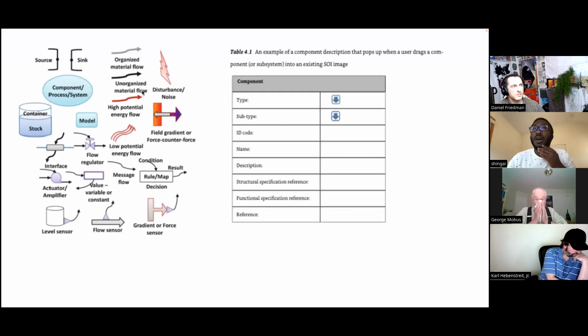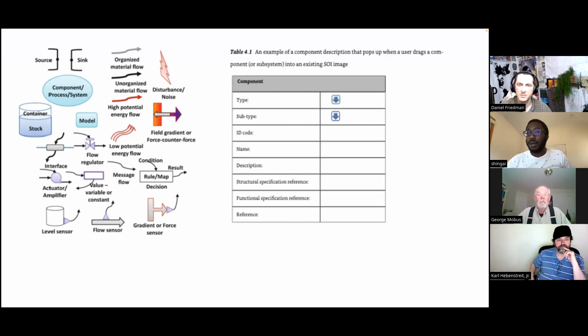On the left-hand side here, you have some of the key components of a system. George, correct me if I'm wrong, but the idea is that the user would drag these components into a systems diagram, and then they would be prompted with something like the screen on the right, and the user would define the name of the component and put in a description.